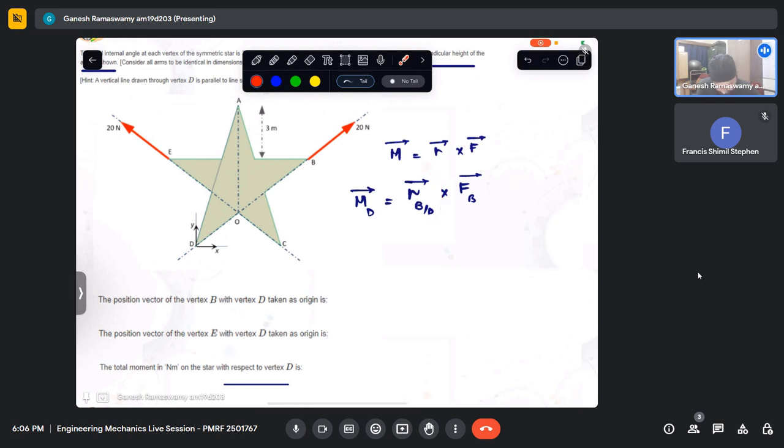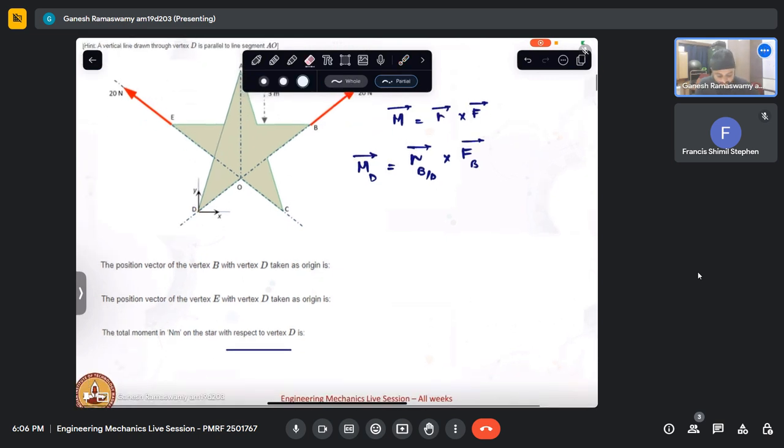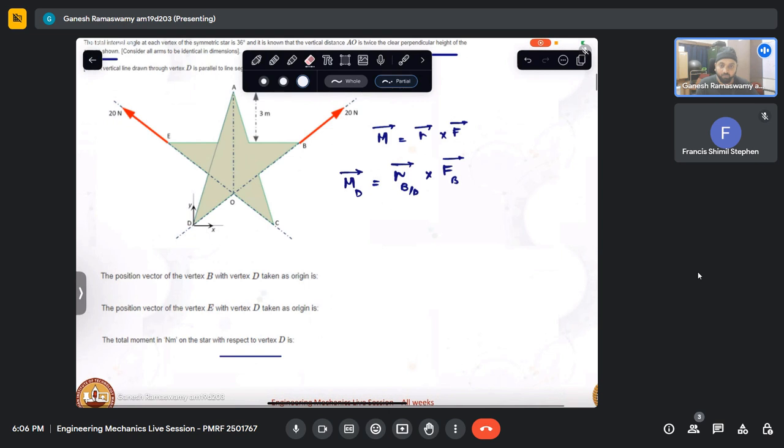Now I can see that this force is essentially passing through this point. It is concurrent, in which case we know that these two are parallel. If these two are parallel, the cross product is 0. So this won't have any moment contribution about D. In case we don't want to solve the long way, we can simply see that this will not have any contribution, in which case we need not even consider it in the equation.